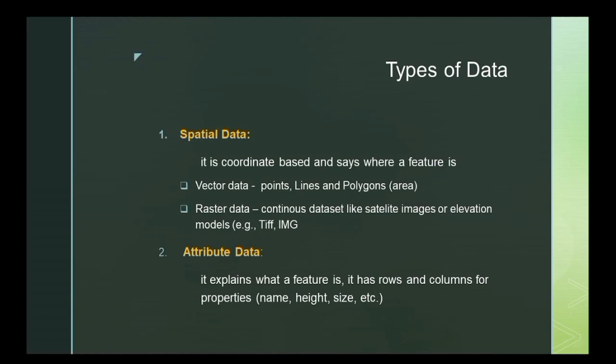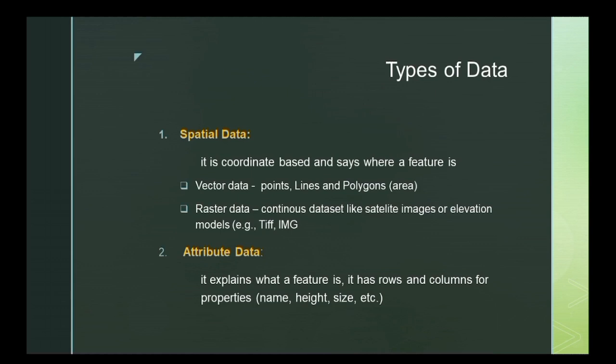So raster data are continuous data sets like satellite images or elevation models. Examples are TIFF, IMG, PNG. So basically these are pictures or images. Number two, attribute data.